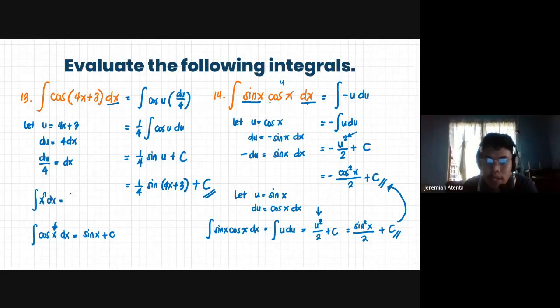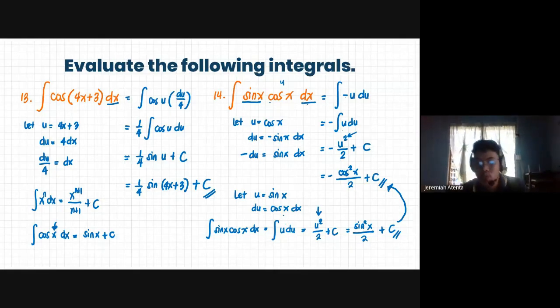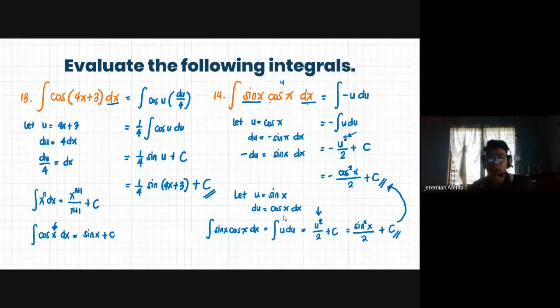So you have x to the n plus 1 over n plus 1 plus c. So naka u to the power of 1 man na. So u to the power of 1 plus 1. Di ba? Tama ba? Am I right or am I wrong? Yeah. Okay, gets, sir. Okay.